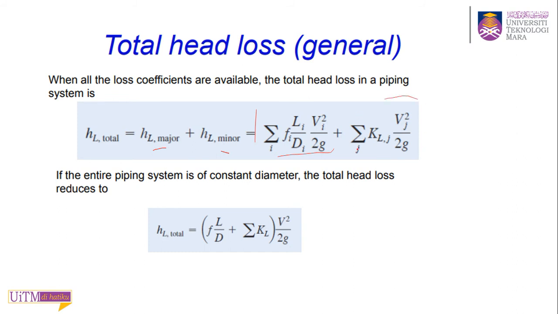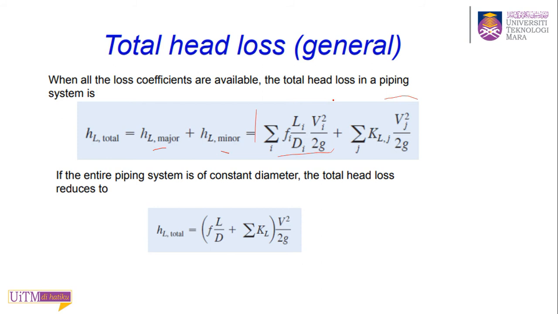If you have different diameters, that's why you have Li, Vi. If you have two different pipe diameters, you first calculate the major and minor losses for pipe 1, and then the major and minor losses for pipe 2. Then you add up everything, and that will give you the total losses.